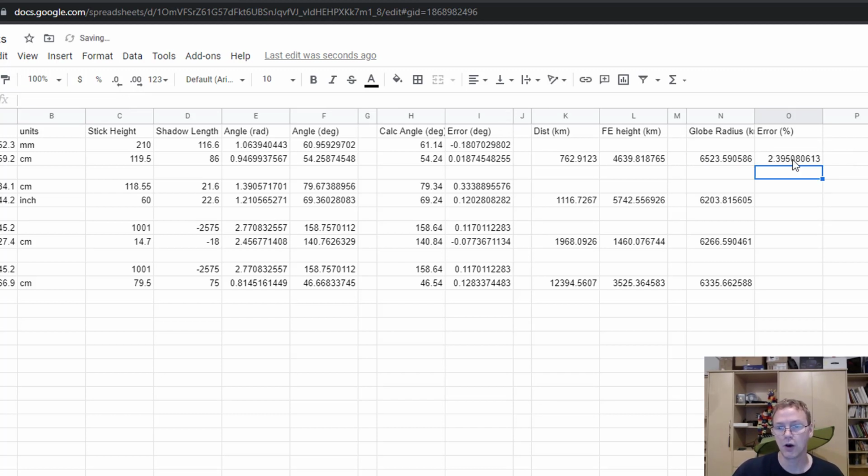Okay, the percent of this first observation is off by over 2%. That's not bad, right? How about here? We're under by 2.5%. And then this one is 1.5%. And on the big one, wow, the big one is 0.5% off. So our calculation of the radius is right up there with what Eratosthenes supposedly did, if you believe those stories.